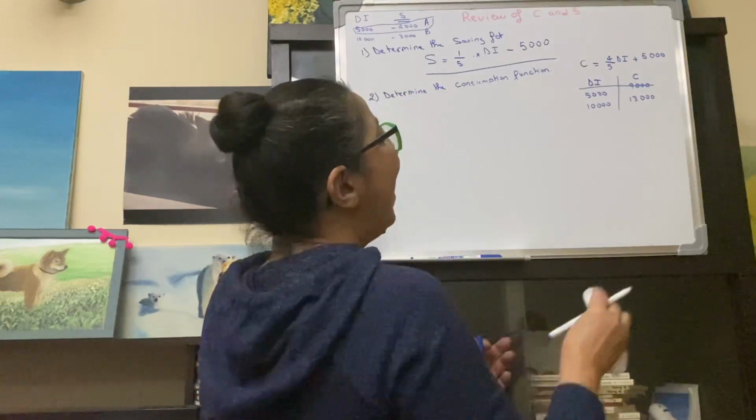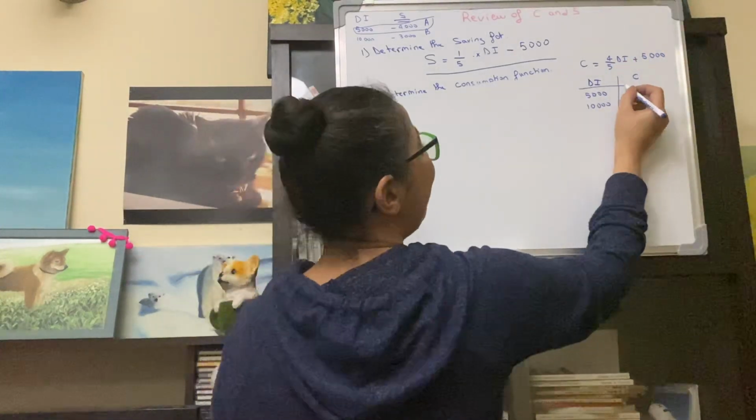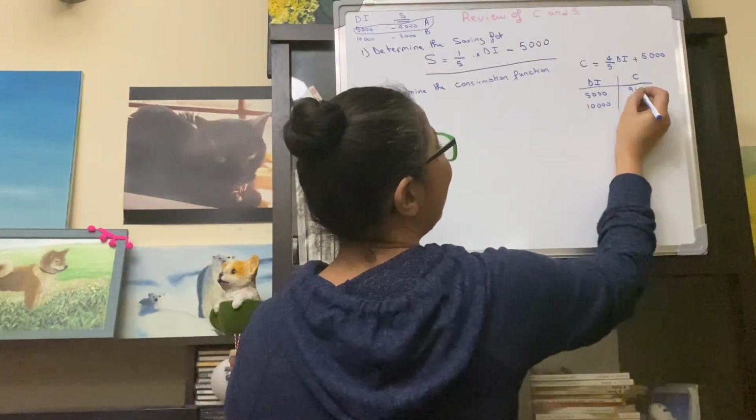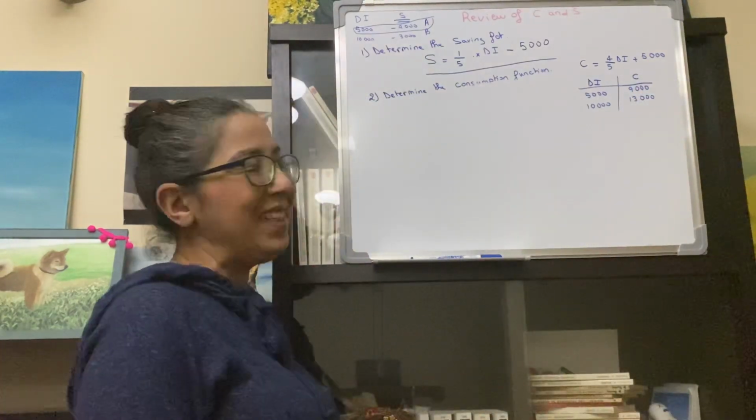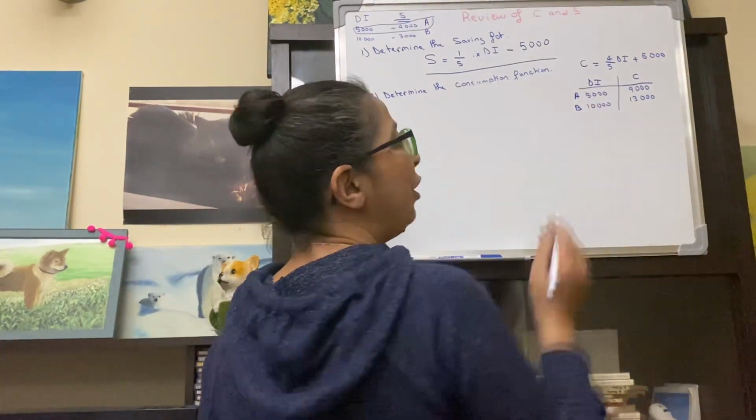Oops, I haven't changed, still the same mistakes with my handwriting. So we call this one point A, and this one point B.